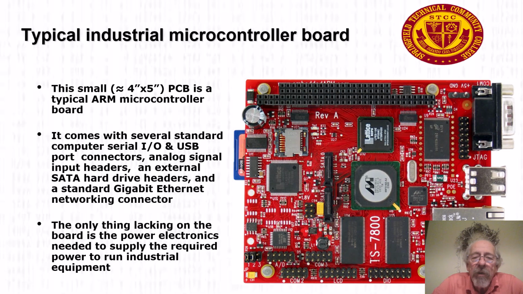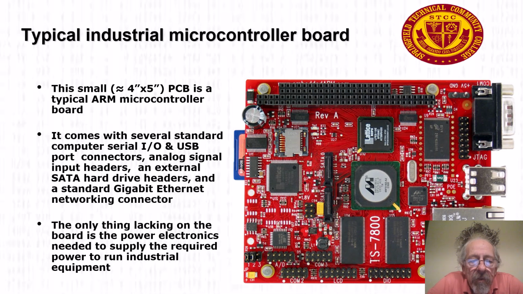So here's a typical industrial microcontroller board, maybe a little bit dated because it looks like it has an RS-232 connection in the top right there, but it also looks like it has an internet connection and a power connection. This small, roughly 4 by 5 inch PCB is a typical ARM microcontroller board, and ARM stands for a certain type of architecture.